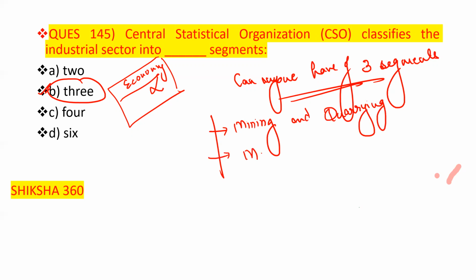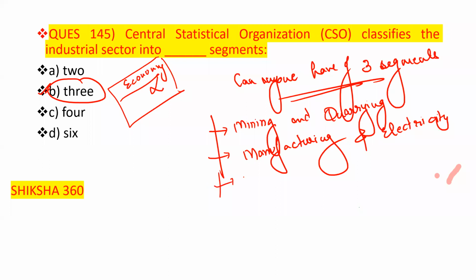Second one is manufacturing and electricity. Third one is gas and water supply. Please remember this one.